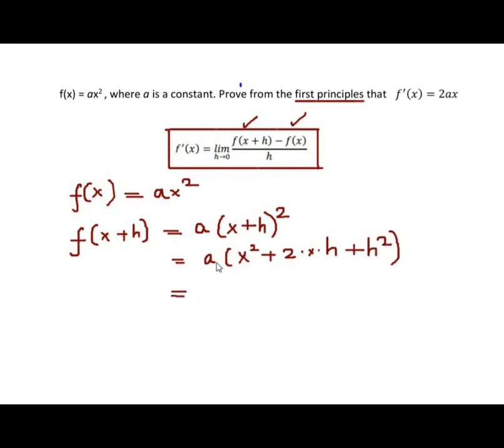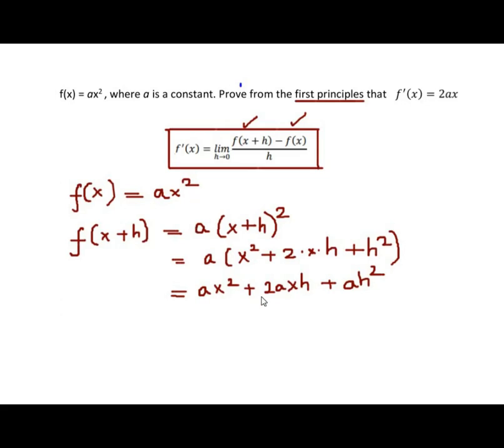So this becomes, after expansion, ax square plus a times 2 times x times h gives us 2axh plus a times h square gives us ah square. So this is our f of x plus h.